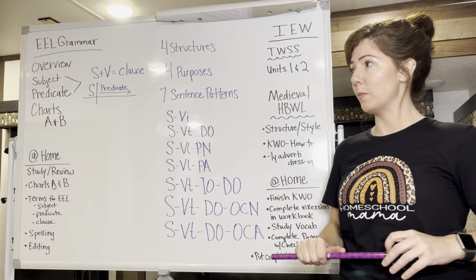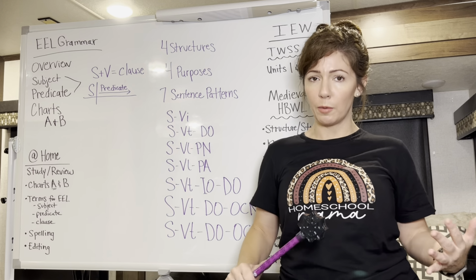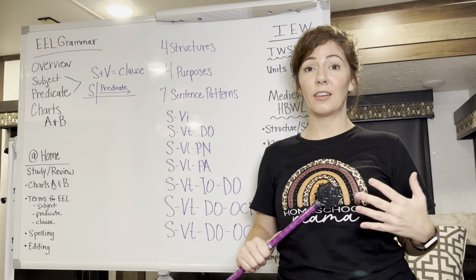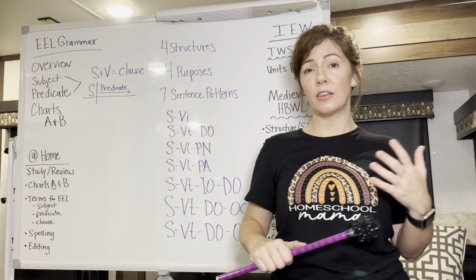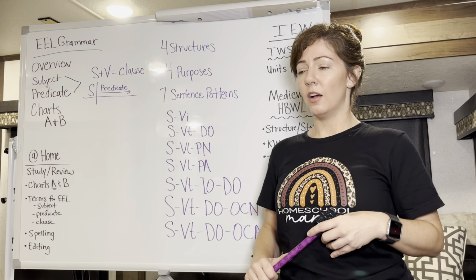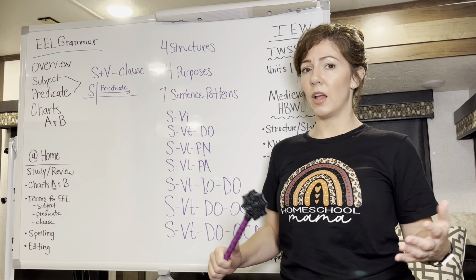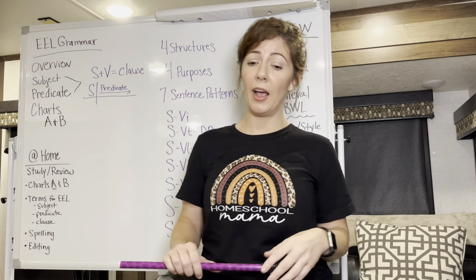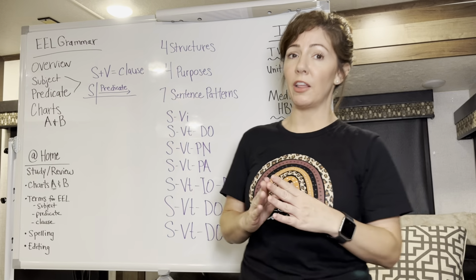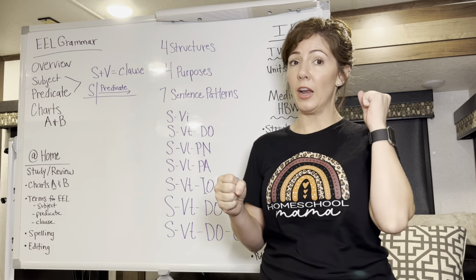Okay. As far as a little breakdown of what those mean, our simple sentence is just a simple, basic sentence with our subject and our predicate. It's going to be a complete sentence, and that's going to be it. And then when you get to your compound sentence, we're going to have a complete thought and another complete thought.